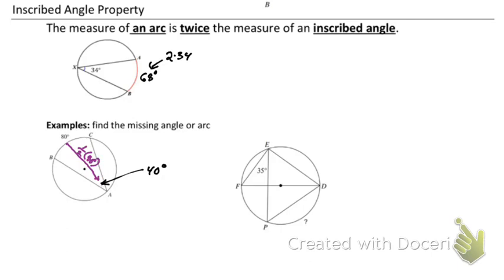Sometimes inscribed angles are going to be kind of hidden. So if you look at that next drawing, that 35 degrees is not just an error of placement. That 35 degrees is this measure right here. But if you look carefully, that is an inscribed angle. It is the inscribed angle FEP.